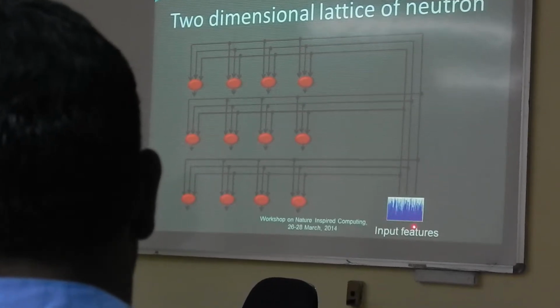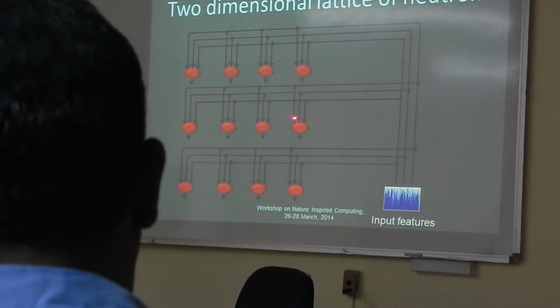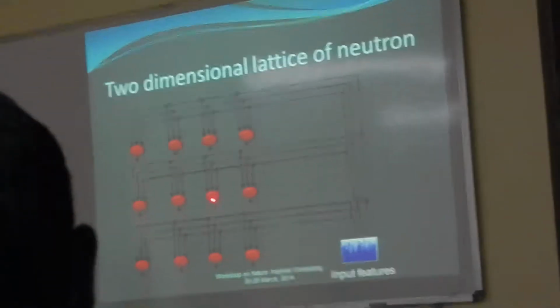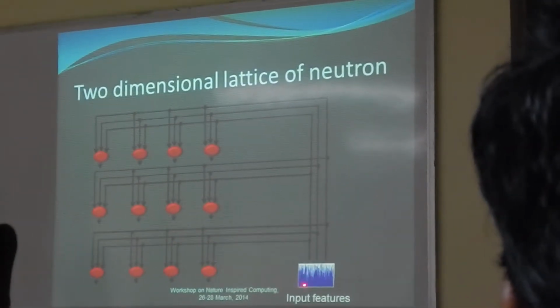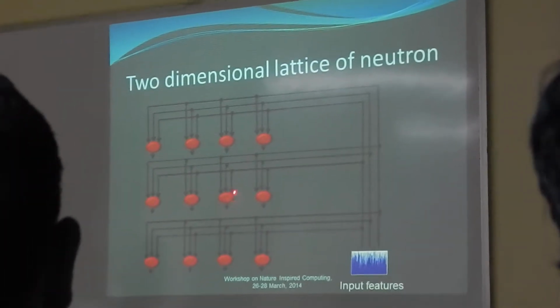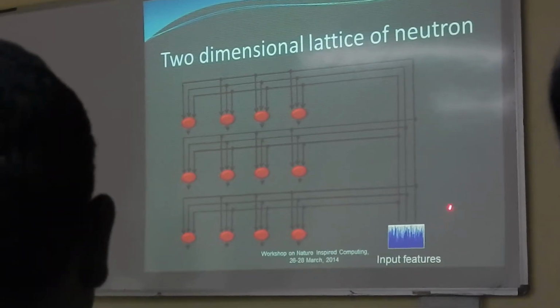It goes to the input of all the neurons and compares itself to the weight vector of all the neurons. The neuron that has the minimum distance between its weight vector and the feature input is the winner. So that neuron is labeled with the label of this input.